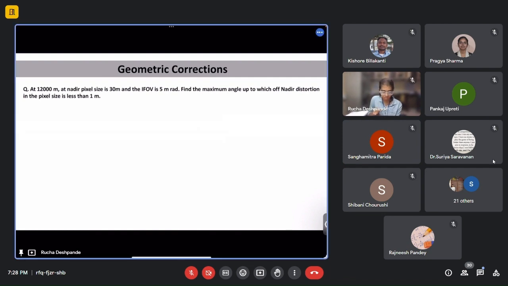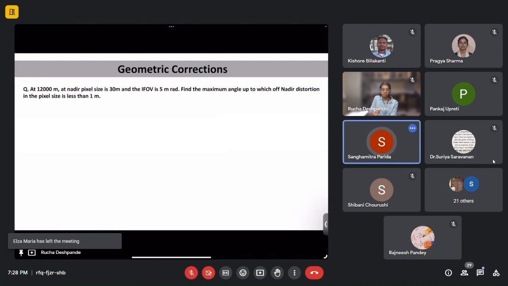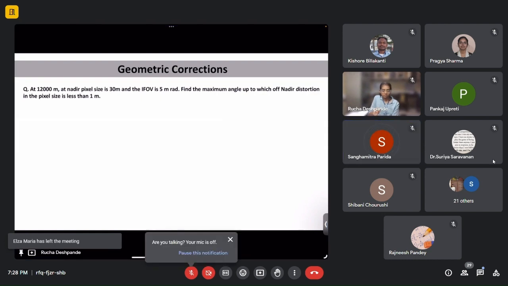Is it okay? No, previous one, that second question.